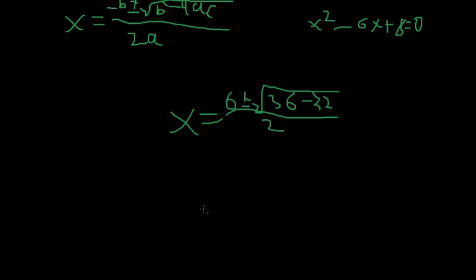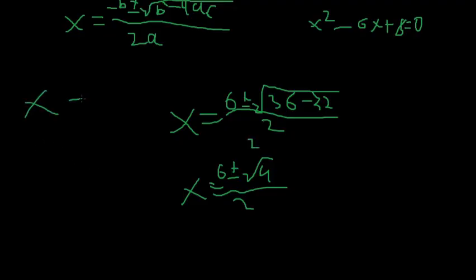Now we just have to simplify from there. So we have x equals 6 plus or minus square root of 4 over 2. That will just end up giving us 2. So we have x equals 6 plus or minus 2 divided by 2. And now since we have plus or minus, we're going to split this into 2.